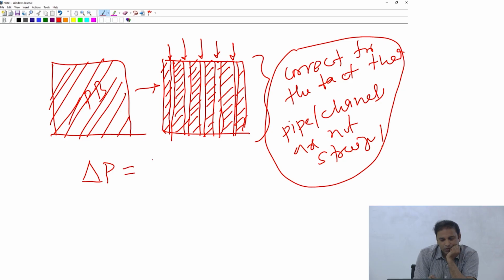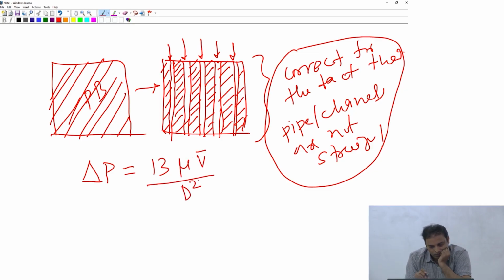Delta P is equal to, sorry, it's not 13, it's 32. Let me just check if that's right. Yeah, remember this formula that you guys had done?